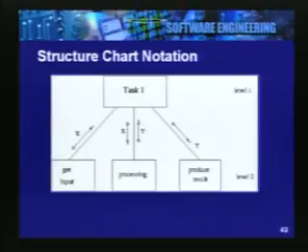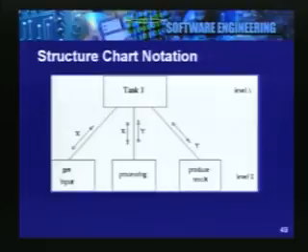These 3 modules have been named get input, processing and produce output. The lines connecting these modules represent the calls that the module task 1 makes to get input or processing in order to perform its own job.